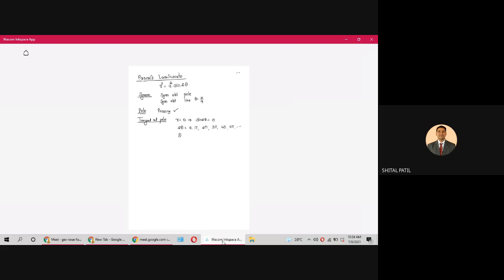But what is the value of theta? 0, pi by 2, then pi, 3 pi by 2, 2 pi, 5 pi by 2. 2 pi and 0 are the same.